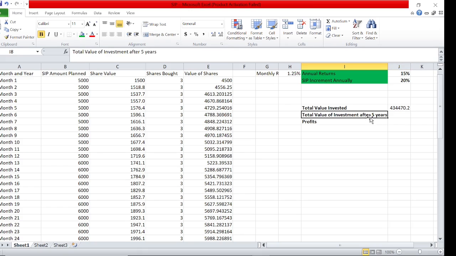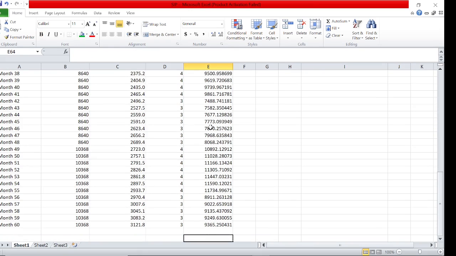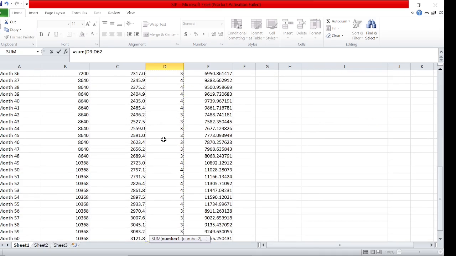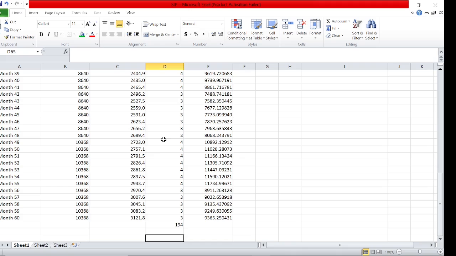Now total value of investment after 5 years, for that we can simply go and first of all find the total shares we have purchased. So I'm going to go back up. This is the shares bought each month. I'm going to add all of them till the last. So I know we have purchased 194 shares. This is the final price. So basically we can put the final price into number of shares, that is the total value of our investment, 6,05,000.